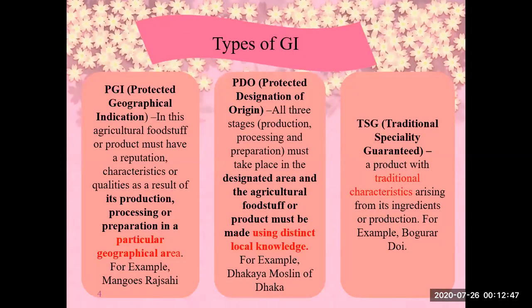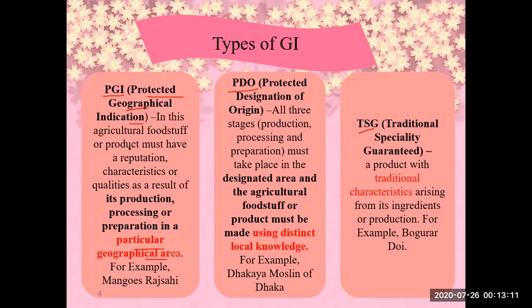Now, if you go for the types, we can divide GI into three types, called in short form PGI, PDO, and PSG. PGI is protected geographical indication, and it means that a particular geographical area will be protected.